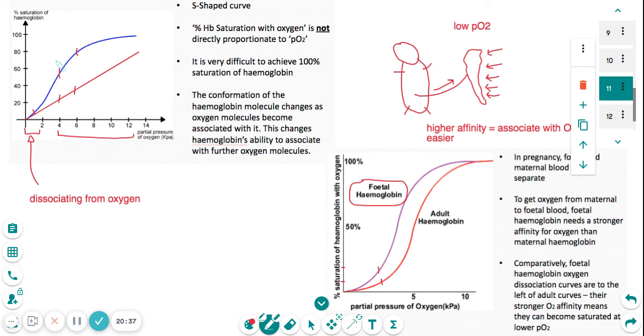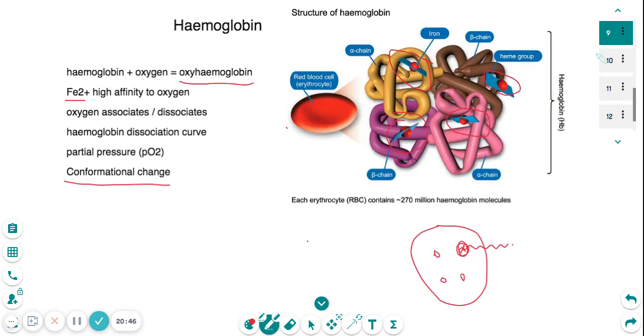So it's going to be very good at picking up oxygen at the lungs. One thing just to emphasize, I'm trying to make this simple. I'm using terms like picking up, but when you write your essay answers, use the terms associate and dissociate. Get into that habit. Don't use picking up, dropping off. It has to be associate, dissociate.